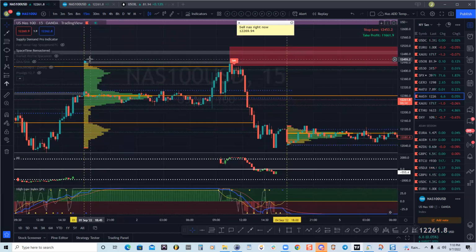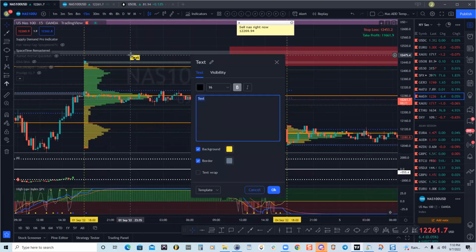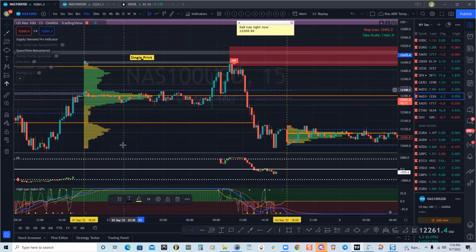So if you look at this one here, it printed this little gray box right here, right? This is a perfect example right here of a perfect setup. Look at this. This is a single print right here. So the single print started off here, or right in here, right?